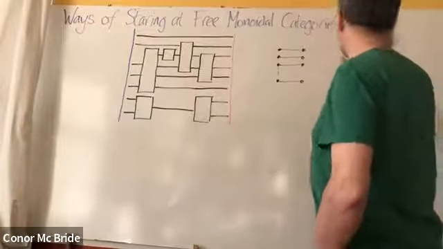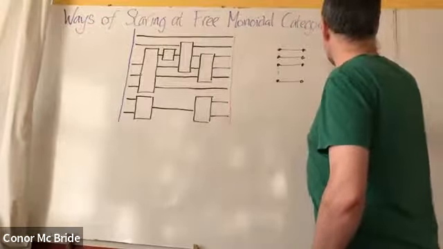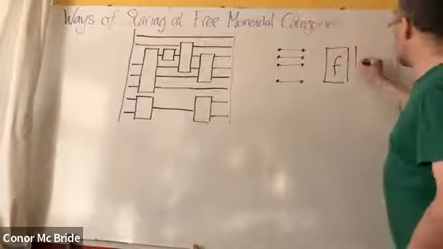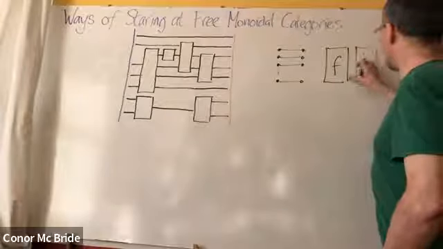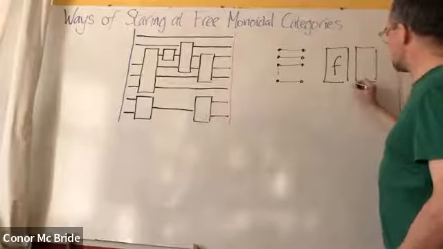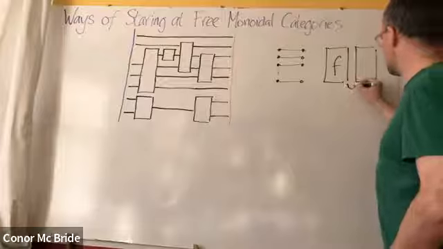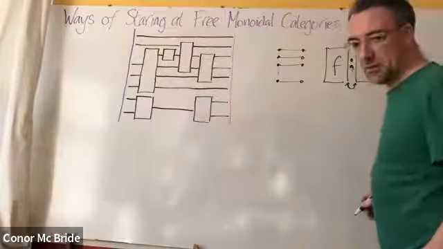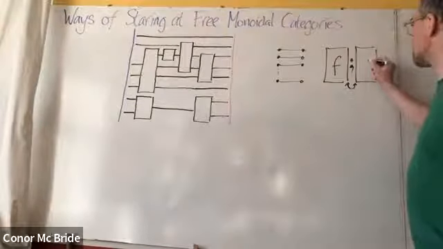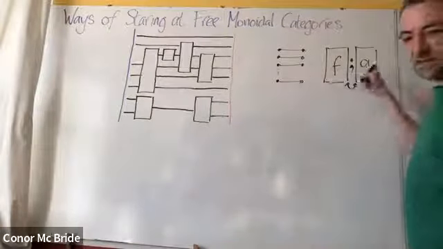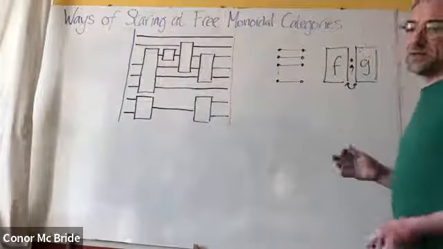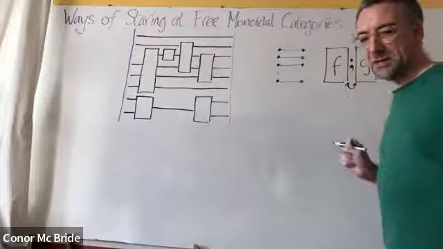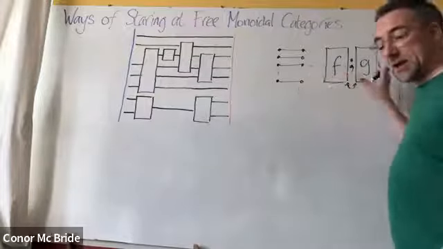And if you have one circuit, F say, and another circuit, and they agree in the middle, then you can plug them together with a sequential composition. So we've got identities and composition, with the appropriate absorption and associativity laws. That's going to give us a category.